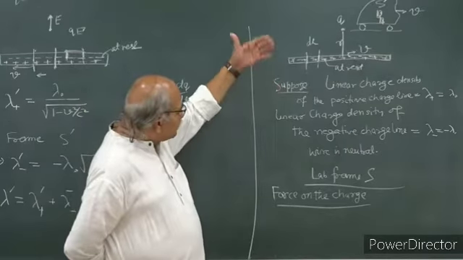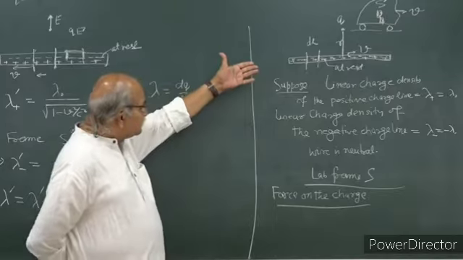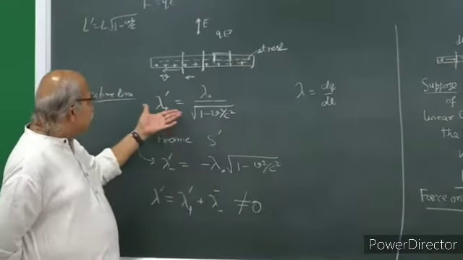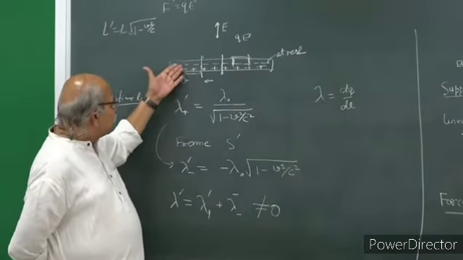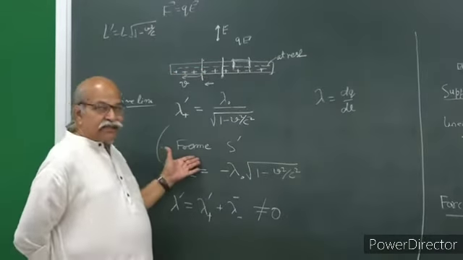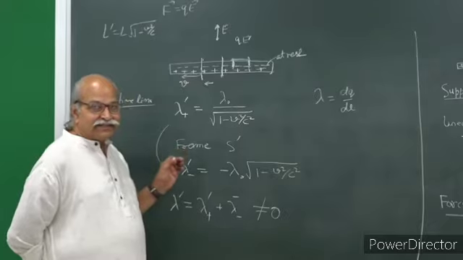Then you go to the trolley frame, and in this trolley frame you see that the charge densities are different. The positive charge density is more and the negative charge density is less, and therefore, there is an unbalanced resultant positive charge density.